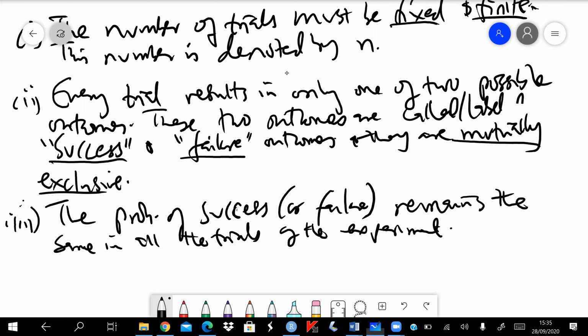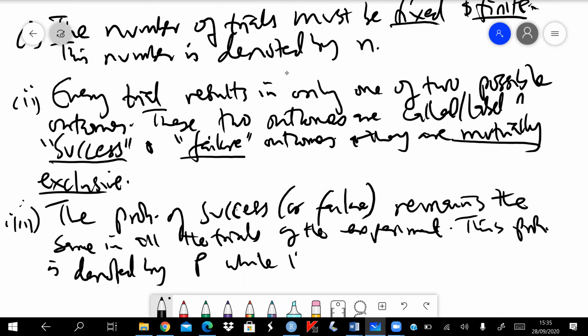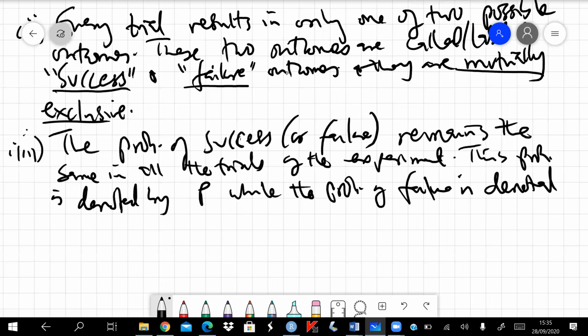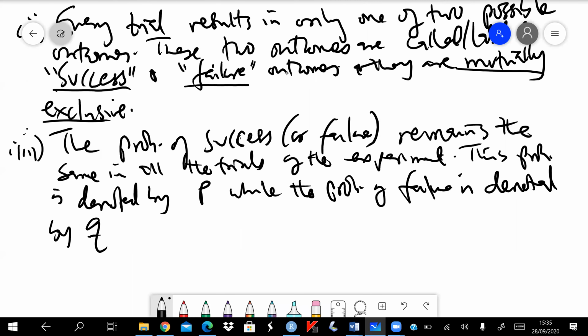So this probability is denoted by small letter p, while the probability of failure is denoted by small letter q.